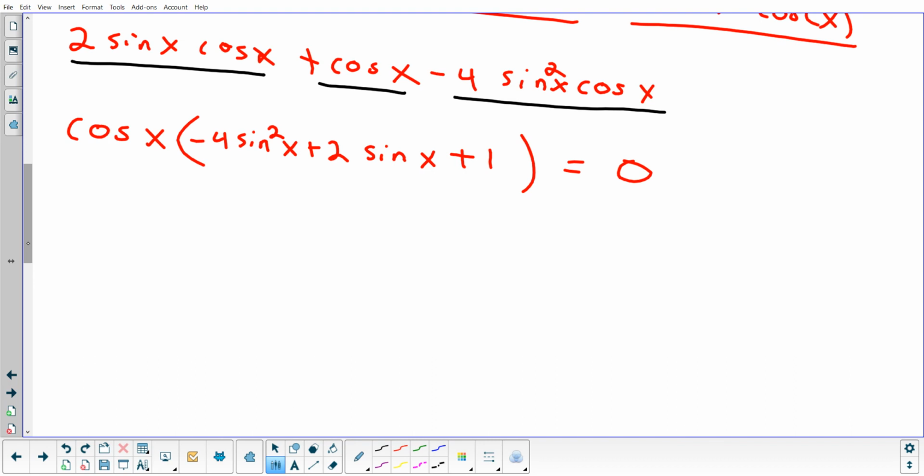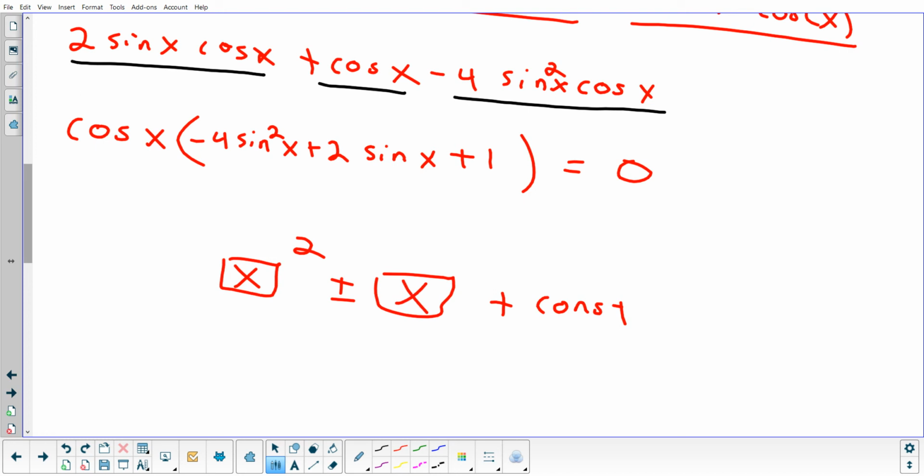So in general, something squared, it could be plus or minus something, and then the last thing has to be a constant. You can put anything you want in those boxes, and it will be a quadratic formula. The traditional thing you put in is a variable, like x squared plus x plus 6.